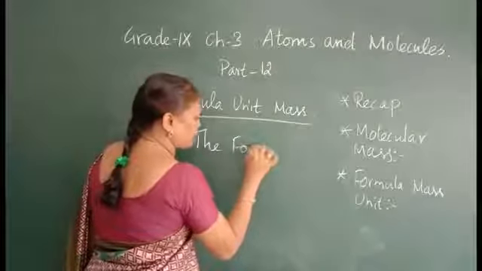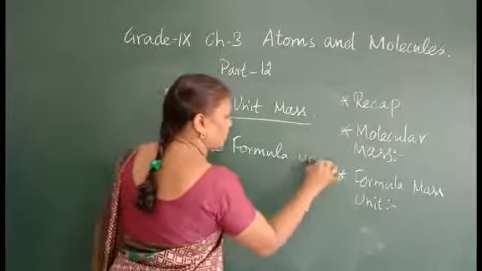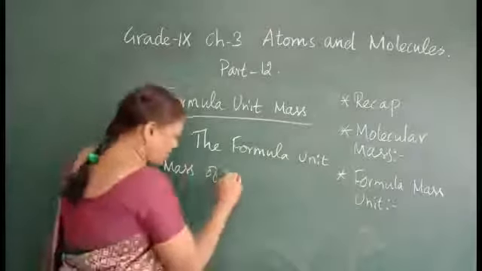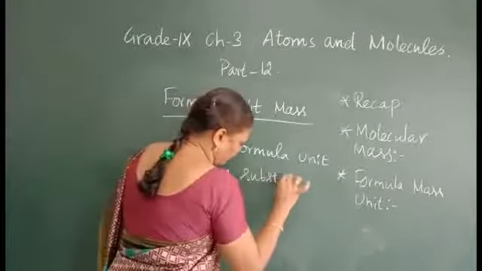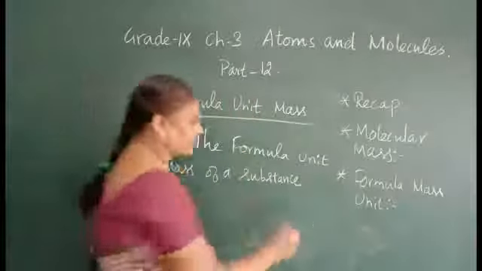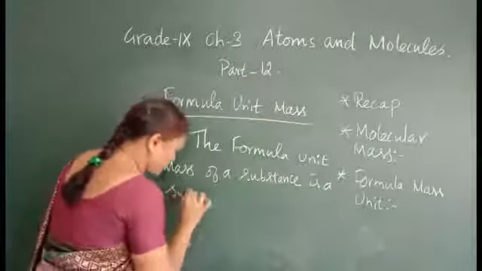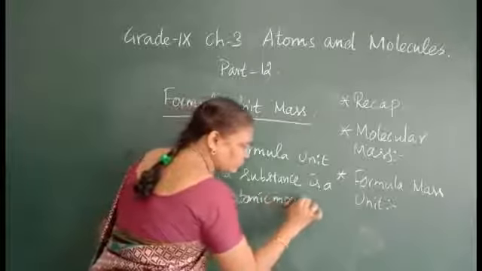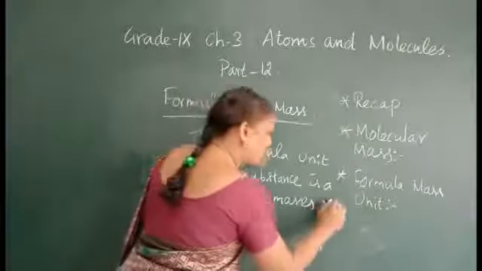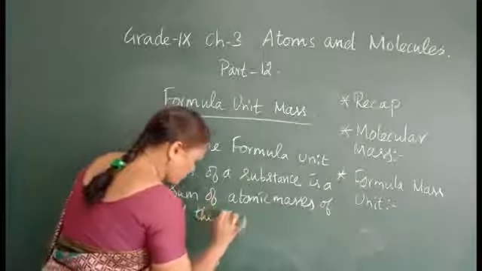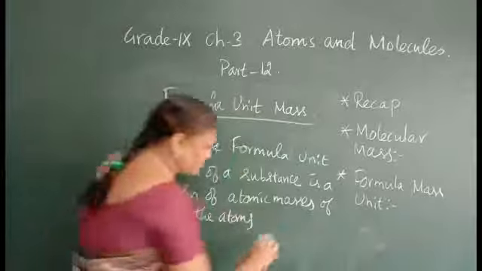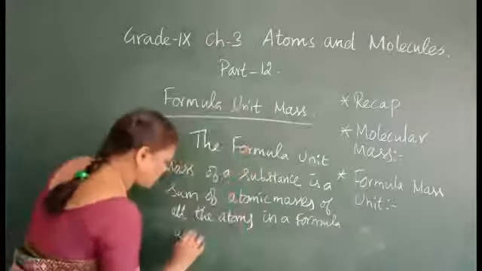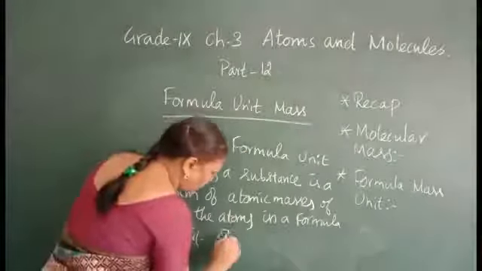The formula unit mass of a substance is the sum of atomic masses of all the atoms in a formula unit of a compound.